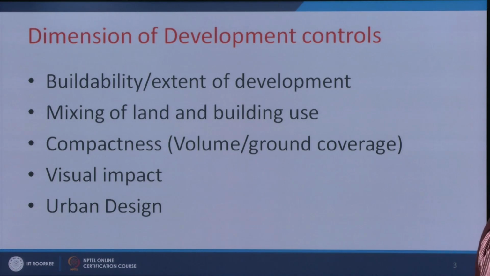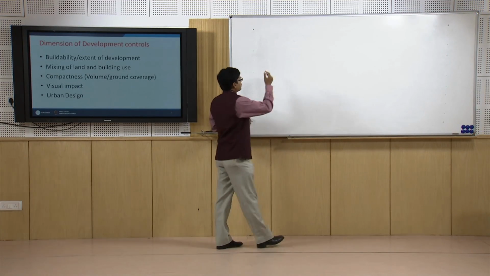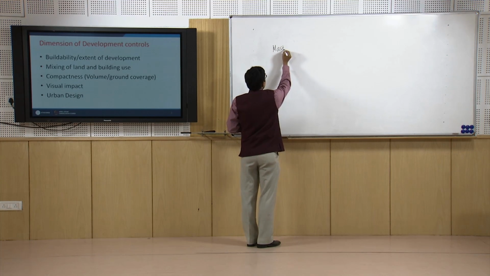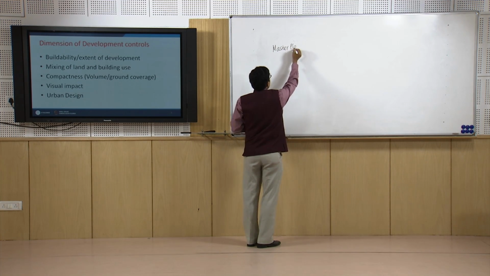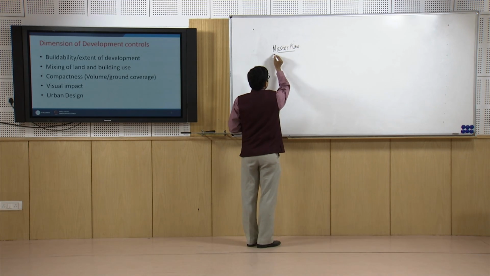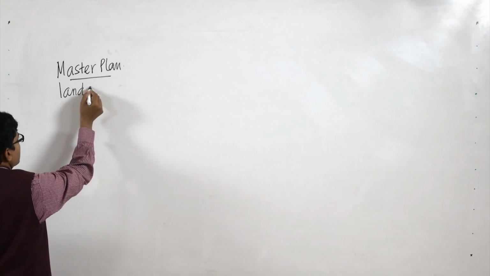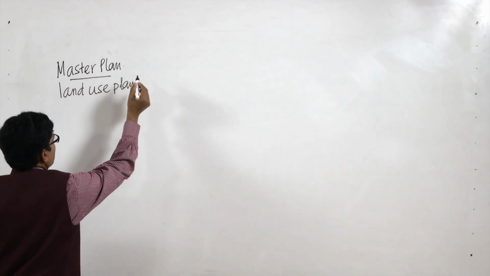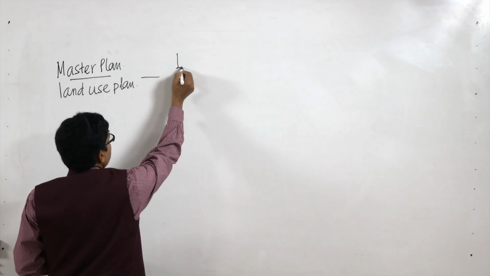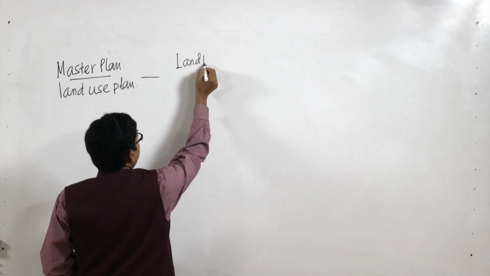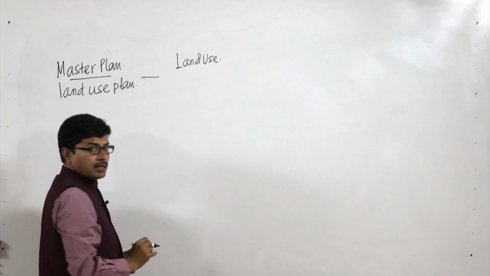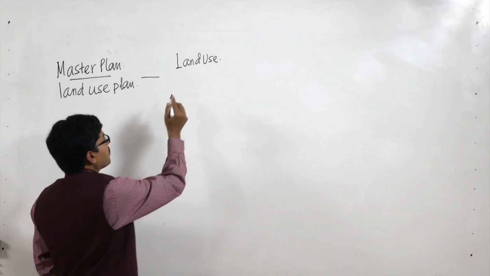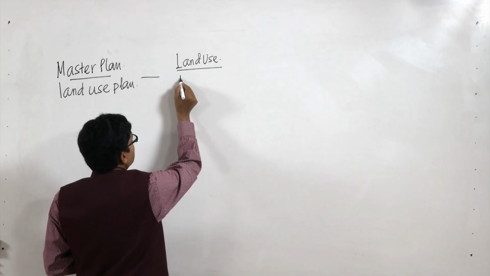In the master plan or the planning exercise, in the master plan or land use plan, we have dealt primarily with land use as an outcome, land use and the overall structure of a city, and then also we discussed density.